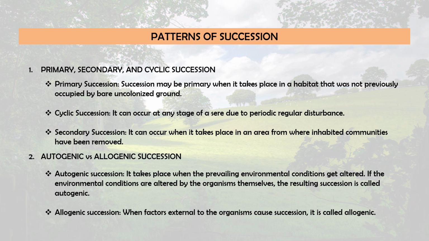Here, the factors which are external to the organisms cause the succession, which is called allogenic succession. In this type of succession, the habitat is changed by the actions of outside factors like change in climate, leaching of soil or nutrients, or floods, periodic fires. So they can change the existing environment, which initiates allogenic succession.